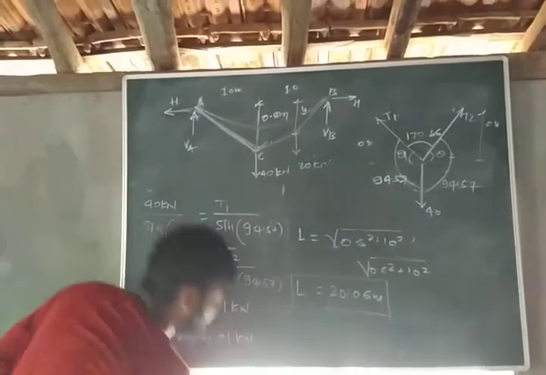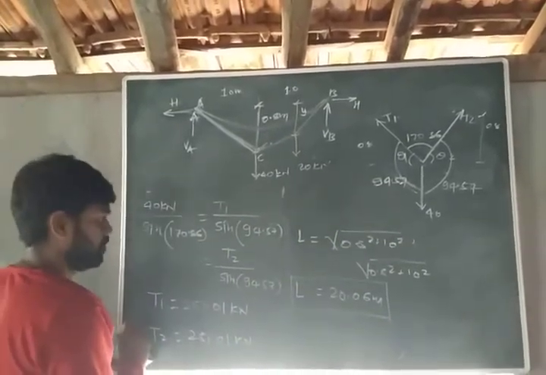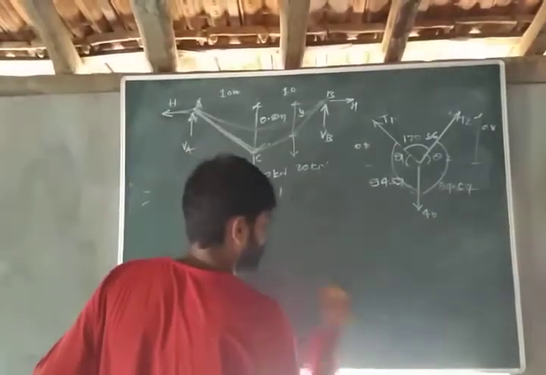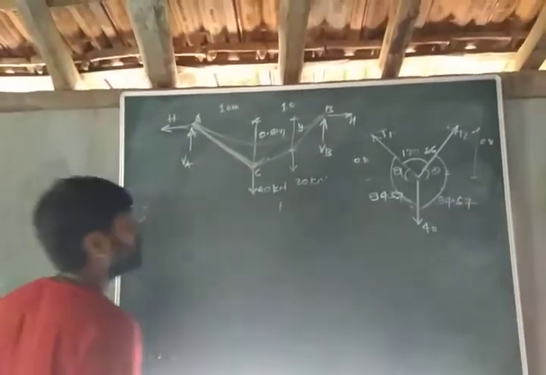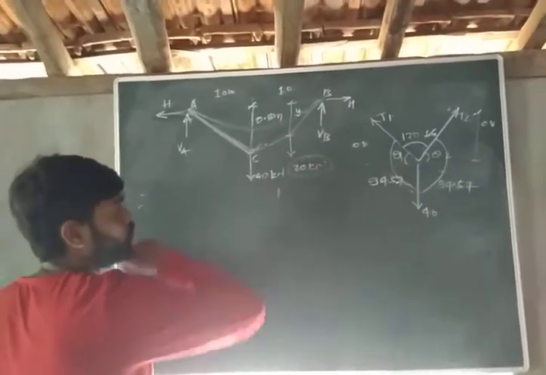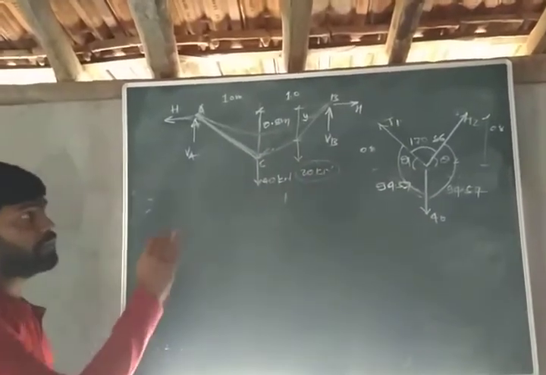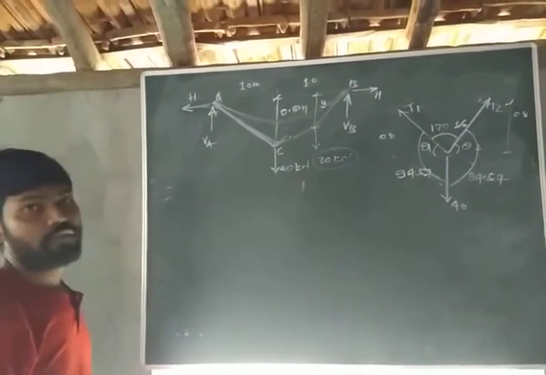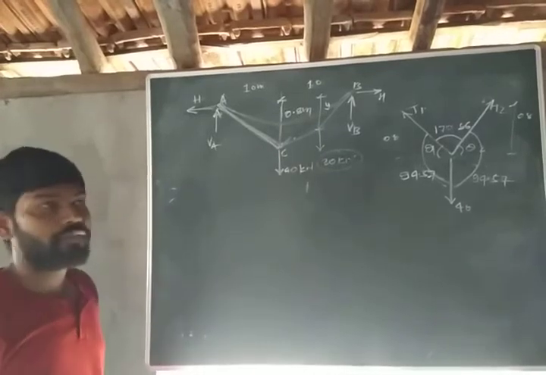So how will you calculate? It is very simple. For this, you have to calculate this y, and this force is let us say 20 kilonewton. Again, as per the principle of the suspension cable, the bending moment at any point in the cable should be equal to 0.